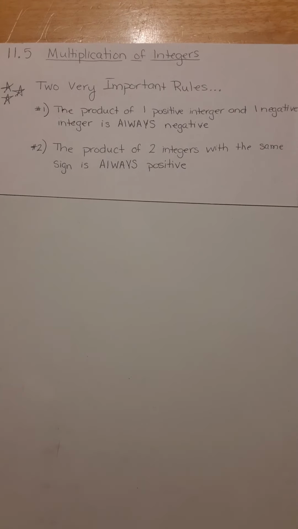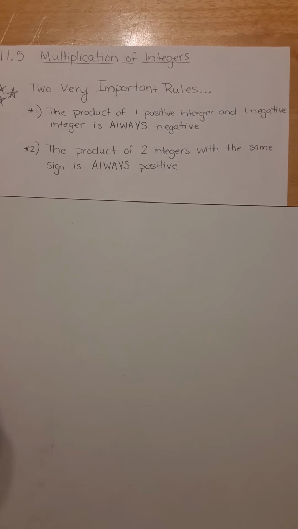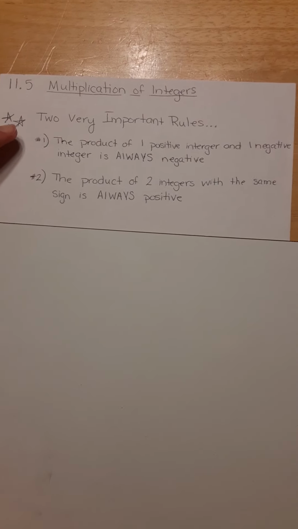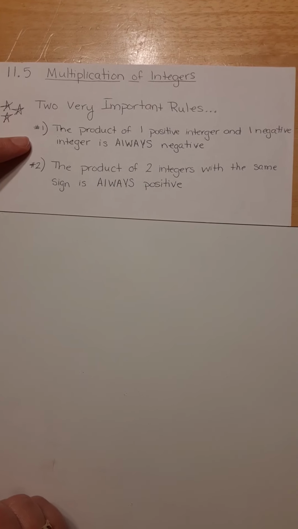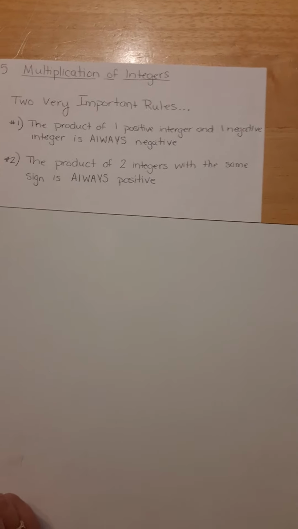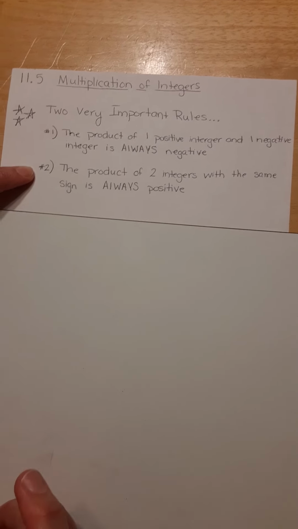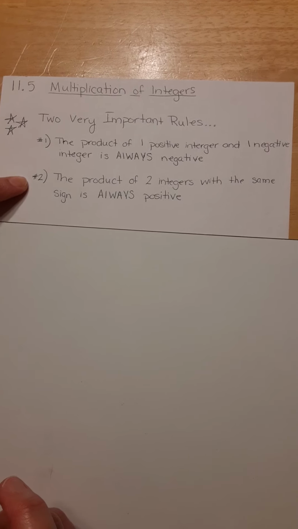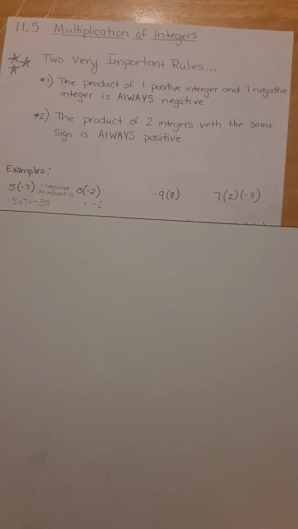So these are the two rules that I have to remember for multiplication and division. Multiplying one number positive, one number negative, the answer is always negative. Multiplying two numbers that are the same sign, no matter if they're positive or negative, the answer will always be positive.